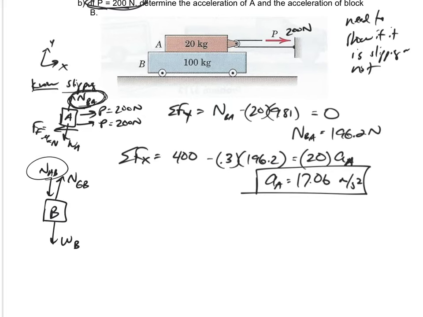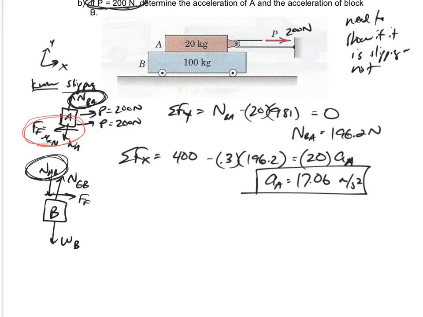This N_BA is the same as N_AB. And then I don't have any P's. The P was only acting on block A, but on B, I have the force of friction between A and B. Force of friction between A and B is going to be equal and opposite, right? This force of friction is going to be equal and opposite this force of friction right here.